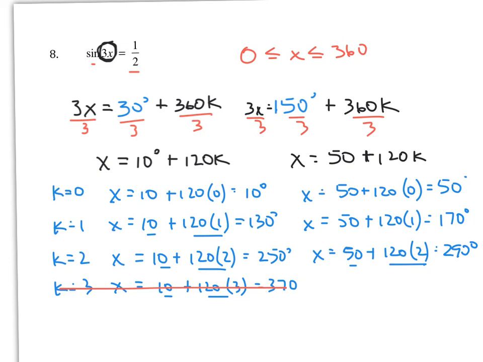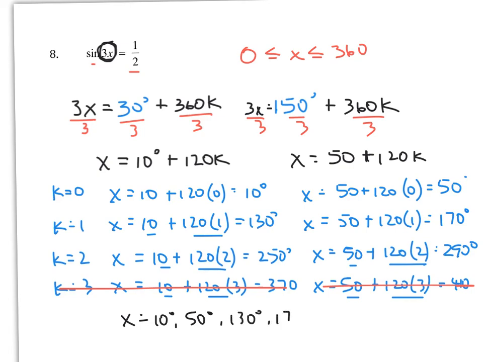And just to check with the other one, I already know it's not going to work: 50 plus 120 times 3, 360 plus 50 would be 410, and I can throw that one out as well. So x is equal to 10 degrees, 50 degrees, 130 degrees, 170 degrees, 250 degrees, and 290 degrees.